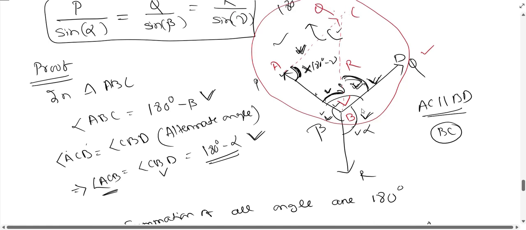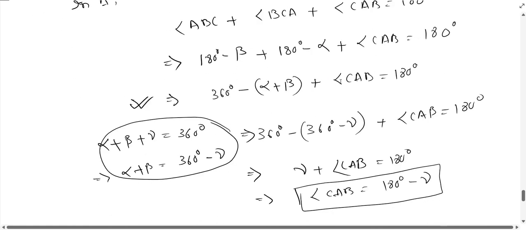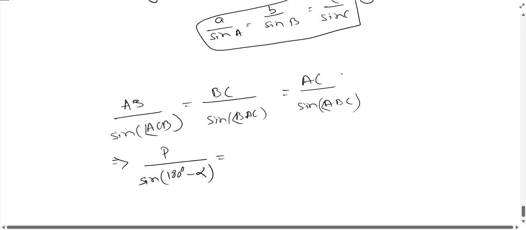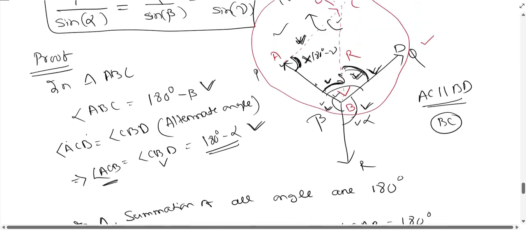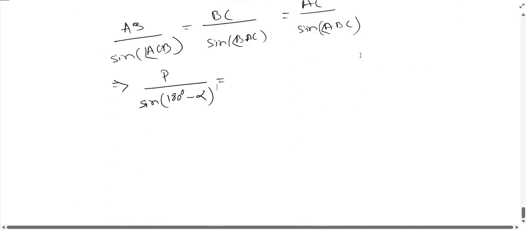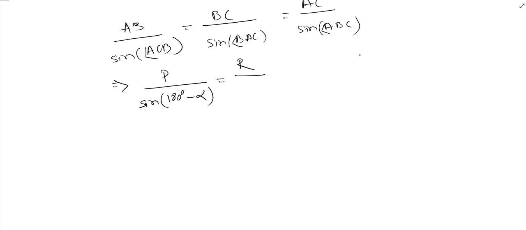So sine ACB is sine 180 degree minus alpha. So P by sine 180 degree minus alpha equal to BC. BC side, let's see, BC side is represented by the force R. So R by sine 180 degree minus gamma equal to Q by sine 180 degree minus beta.